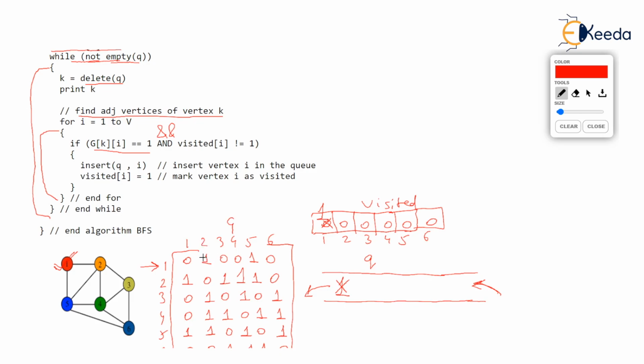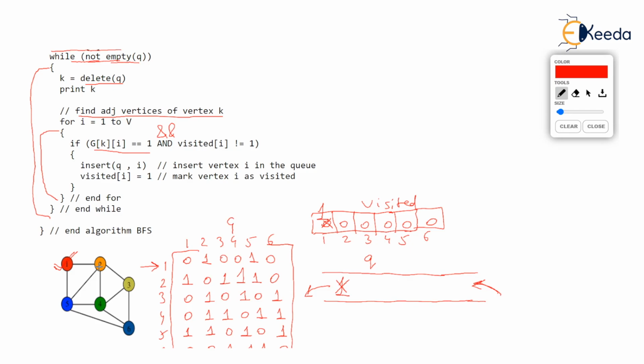So what we observe is the first vertex, kth vertex, is adjacent to the second vertex, ith vertex, because the entry is 1. And also that the second vertex, that is the ith vertex, is not marked as 1 in the visited array. Observe the second element of visited. So the second vertex, come back to the picture of the graph, is adjacent to 1 and is not yet ticked.